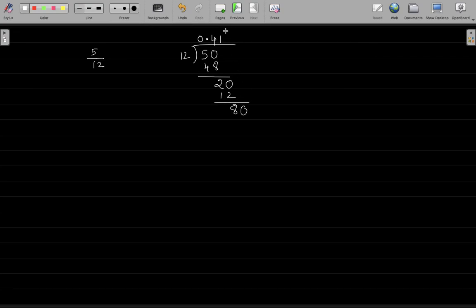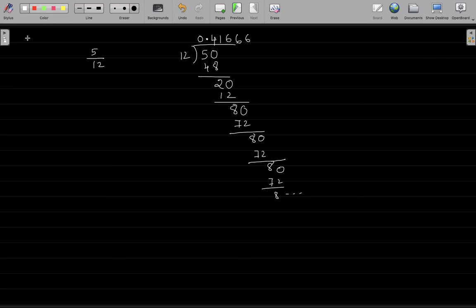Keep another 0. 12 times 6 is 72. You get 8. Keep another 0. Again 12 times 6 is 72. Again you get 8. Again keep another 0. Again you keep 6 here. 12 times 6 is 72. Again you get 8, and this goes on.